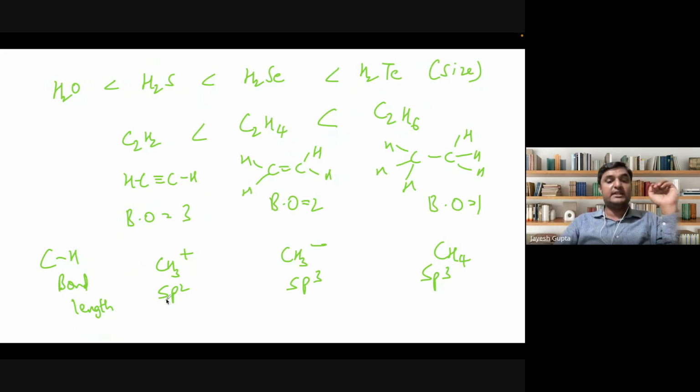So here you can see 33%, here 25%, 25%. I will tell you how to see between these sp3. But for sp2, percentage S character is higher, so bond length will be shorter. So anyway, this CH3 plus will be the lesser one. Now between CH3 minus and CH4 we have to see.